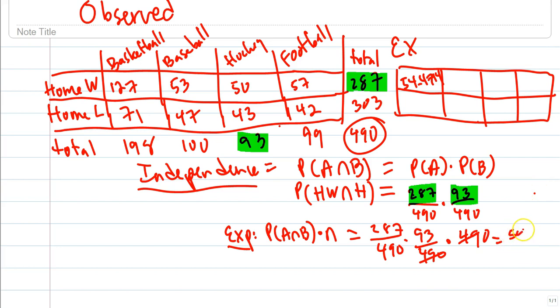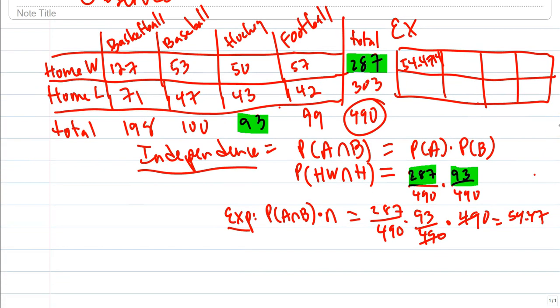Okay. Let's do another one. I just want to get a couple where we do this. Did I do that in the wrong spot? Sorry. Because that was home win and hockey. So that was this third one over, the 54.47.